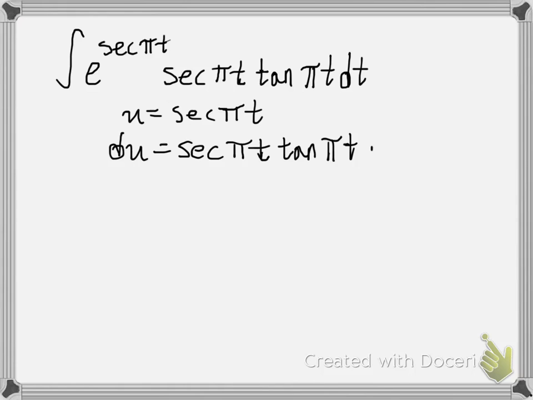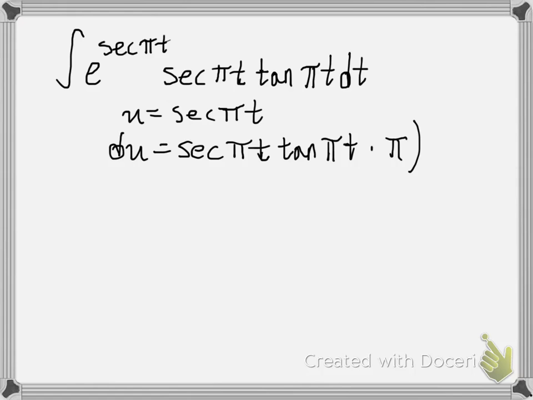So times pi. Now we notice right here in the beginning of the problem, we don't have just a pi anywhere, like by itself. So that means we have to take this pi and move it to the other side so we can move it outside of the integral, since pi is a constant. How are we going to do that?